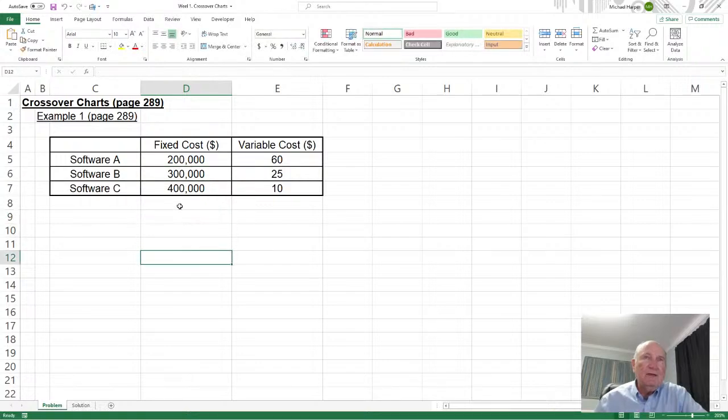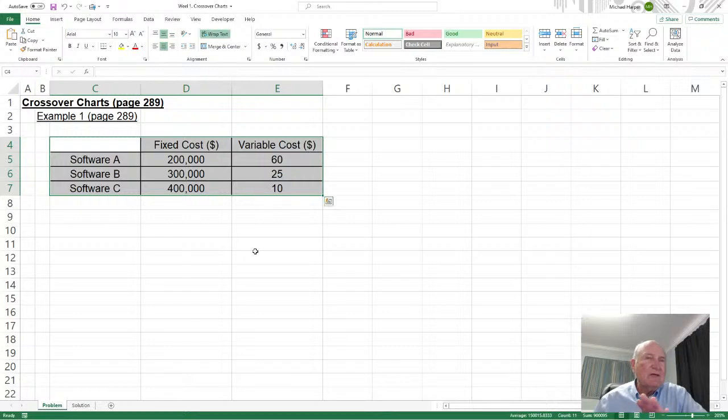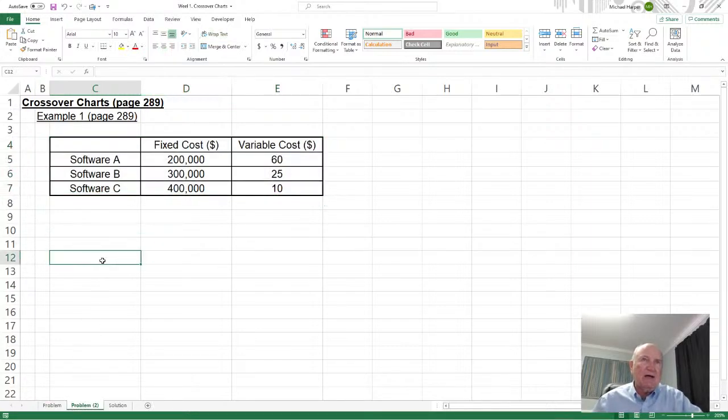Okay, but then if I want to solve this thing, once you have the problem, a lot of times it's a lot easier to make a copy. Well, you can make a copy here once you've typed all this in. Come down here and highlight the problem spreadsheet on the bar down here. Left click, hold down the control, and drag to the right. And boom, I've actually made a copy of it.